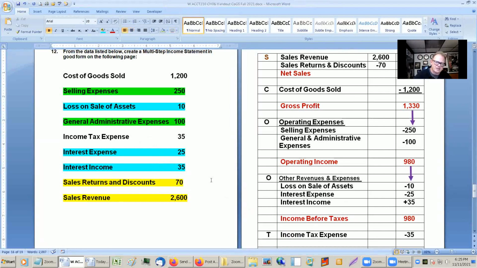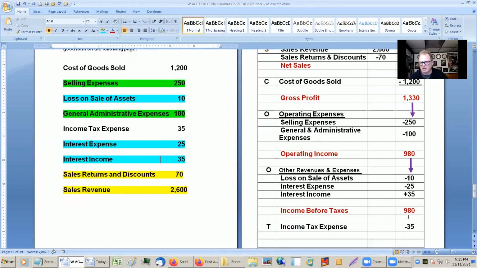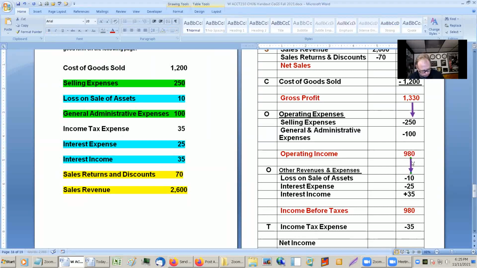I must have done something goofy. I'm not sure what I did. Okay, and what we'll be left with is our net income. 980 minus 35, 945. So there's our net income.